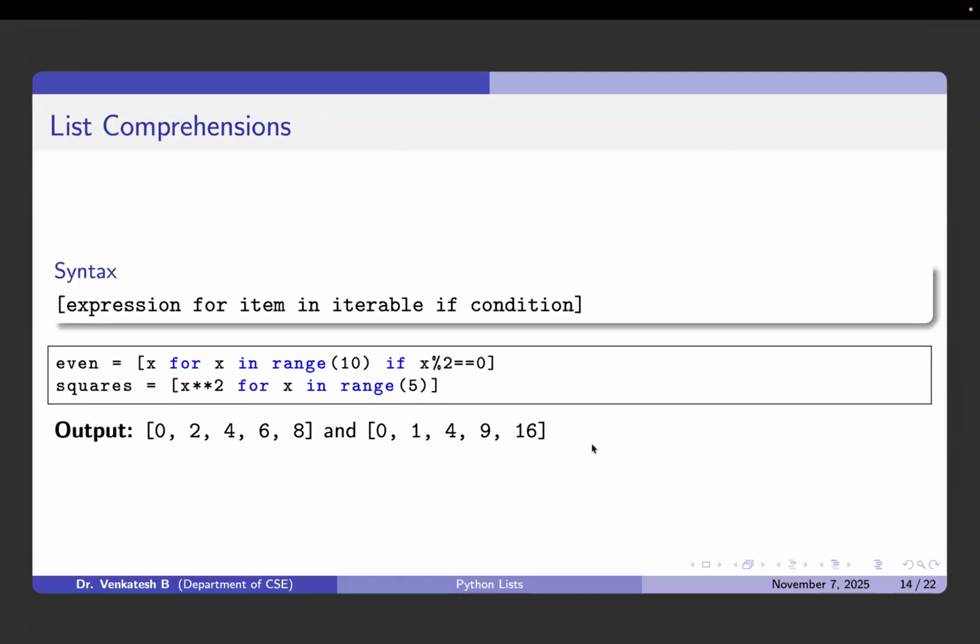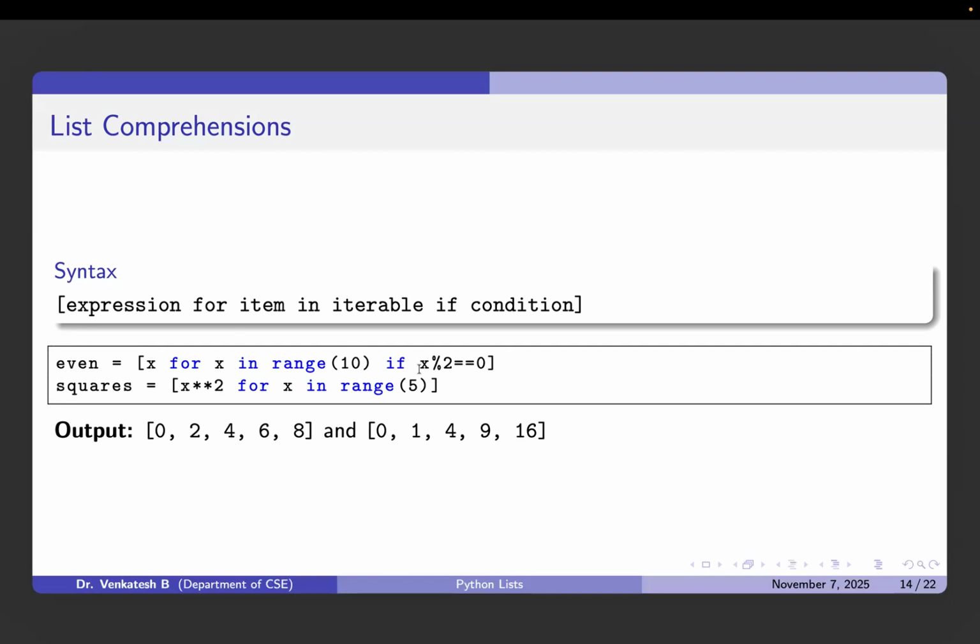List comprehension: expression for item in iterable if condition. Suppose you want to create even numbers in a list in a range: x for x in range, where the range is from 0 to 10. What are the even numbers?